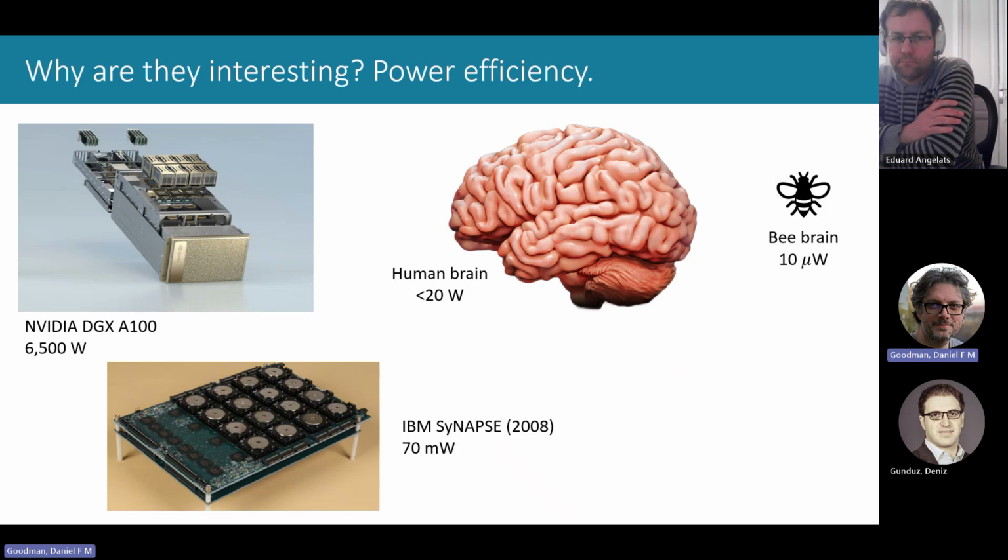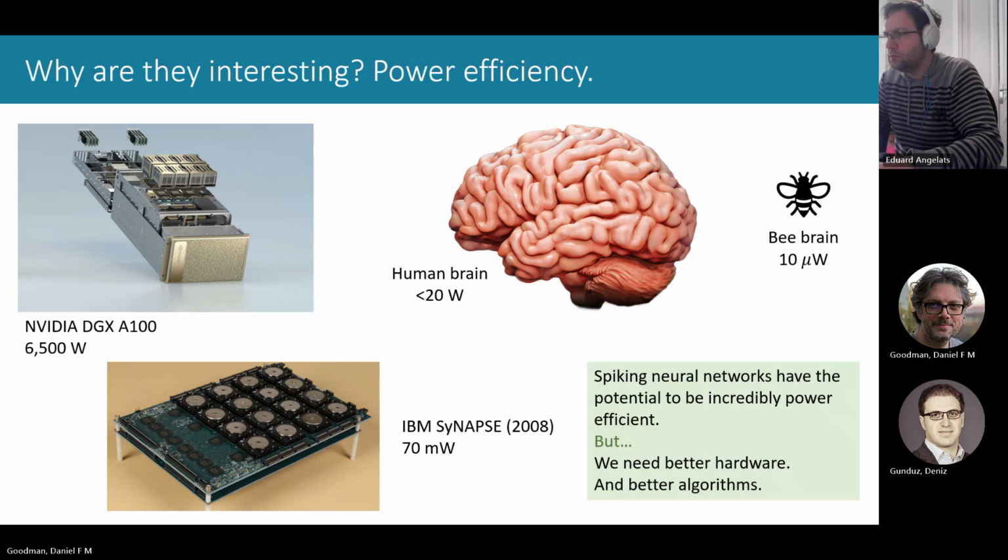So you're not running it on a GPU or a CPU, it's specific hardware for this specific type of algorithm. And this thing used 70 milliwatts. It's a bit old, but I think it was running video analysis on 320 by 240 pixel video, and when doing that task, it ran on 70 milliwatts. So it's a huge leap in terms of power efficiency, if you can get it to work.